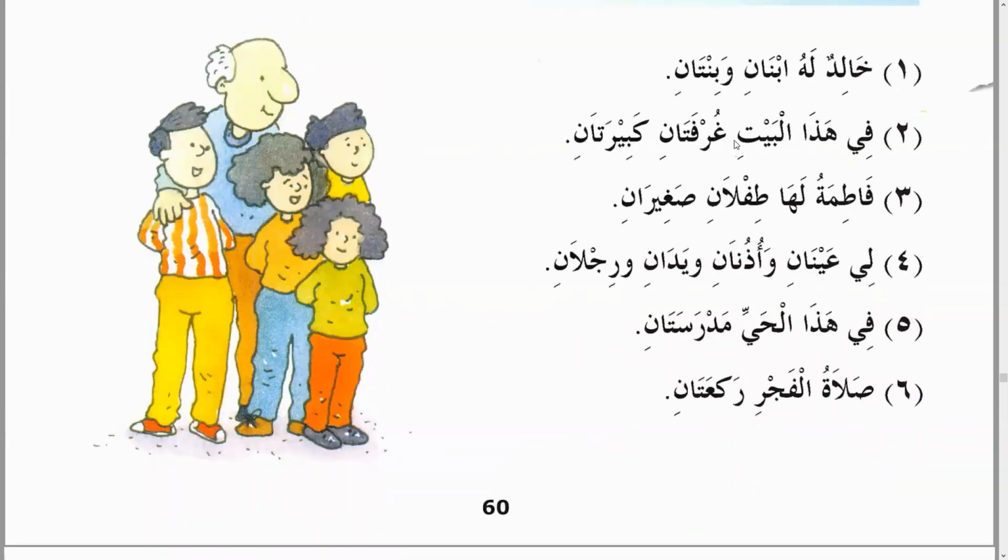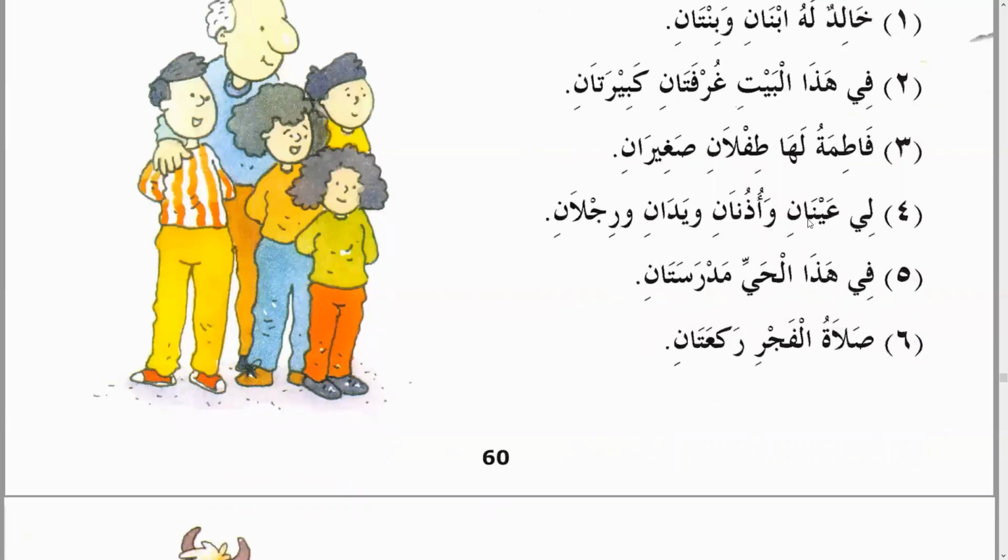In this house, there are two big rooms. غرفةun is room, right? So غرفتان كبيرتان. Then فاطمة لها طفلان صغيران. Fatima has two small children. Tifl is like an infant, right? So Fatimatu, she has two small children.